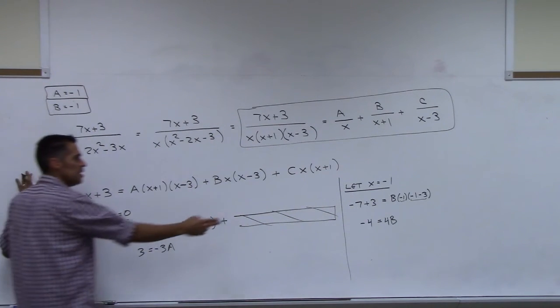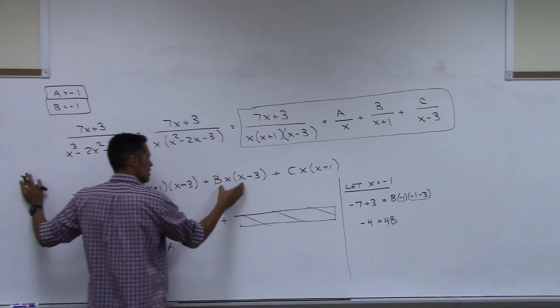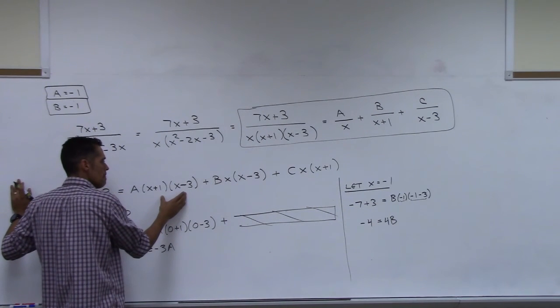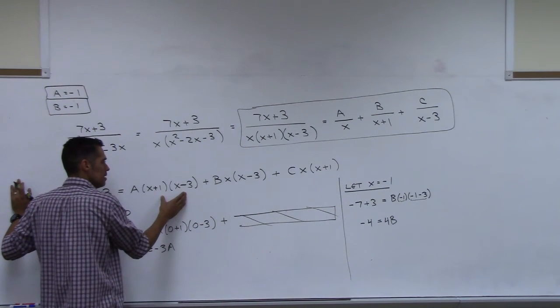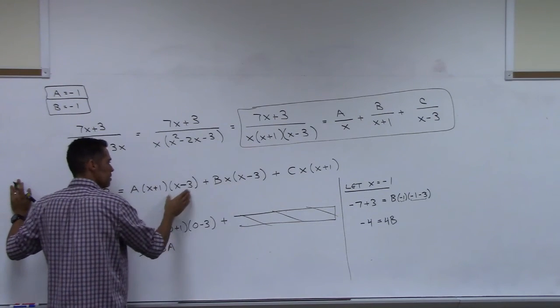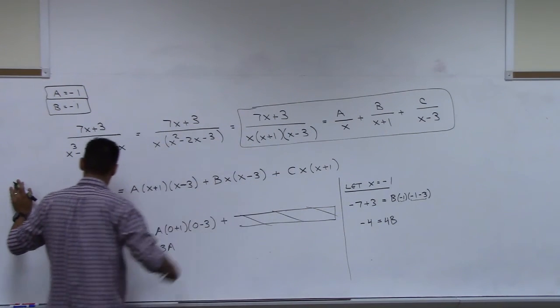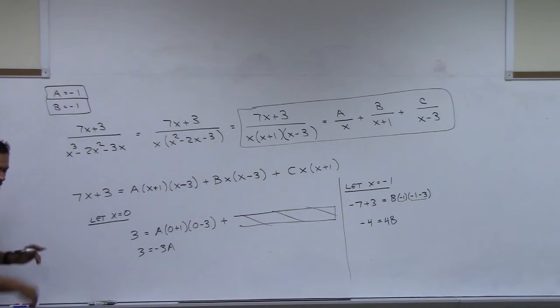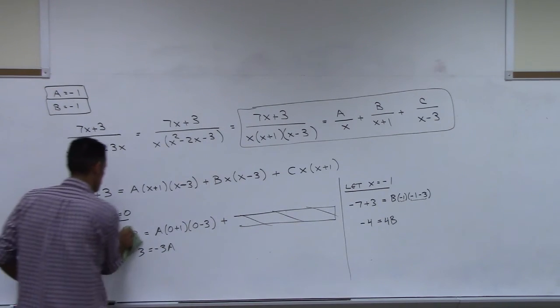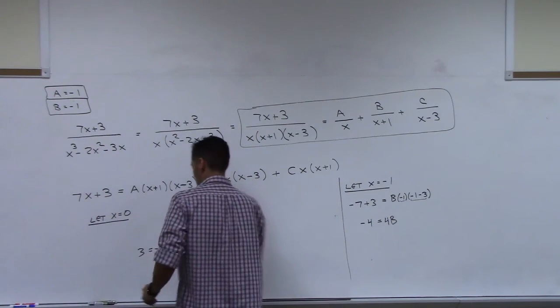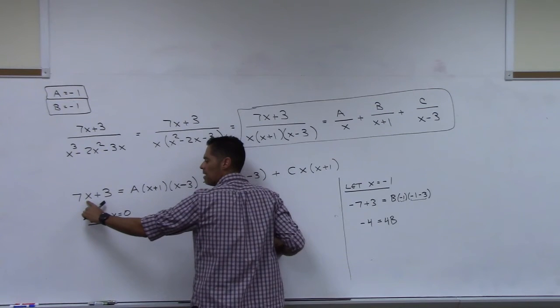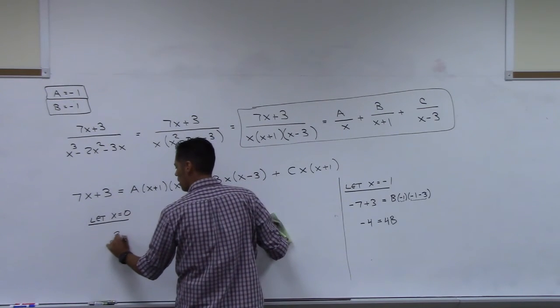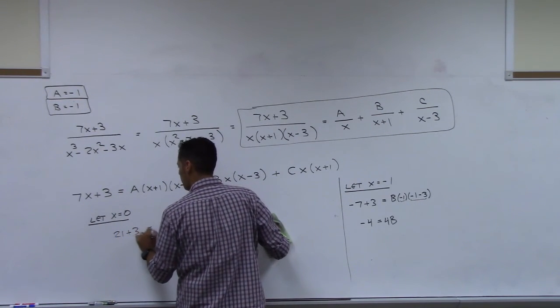Now let's get C. To get C, we've got to kill these two. So what's X going to be to kill these two? 3. So 3 will kill this and this without killing that. So we plug 3 in all the way across. And when we do that, we get 7 times 3, which is 21, plus 3.